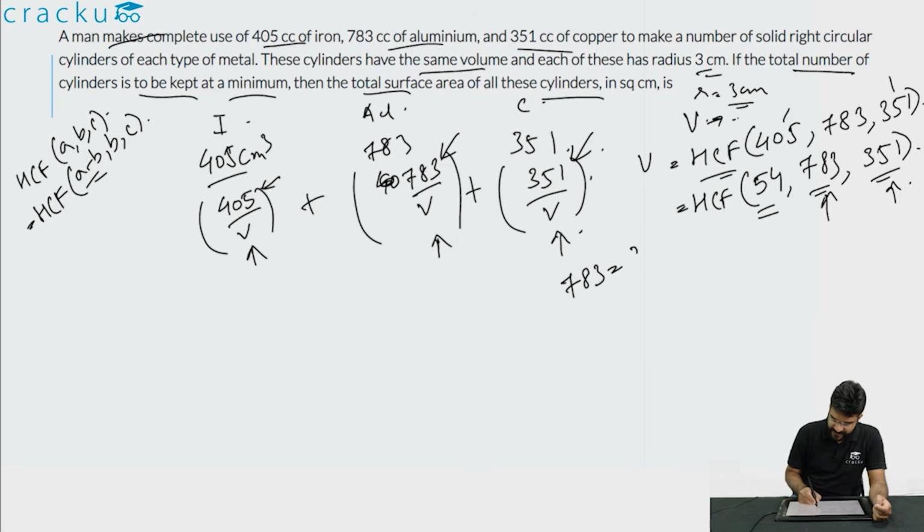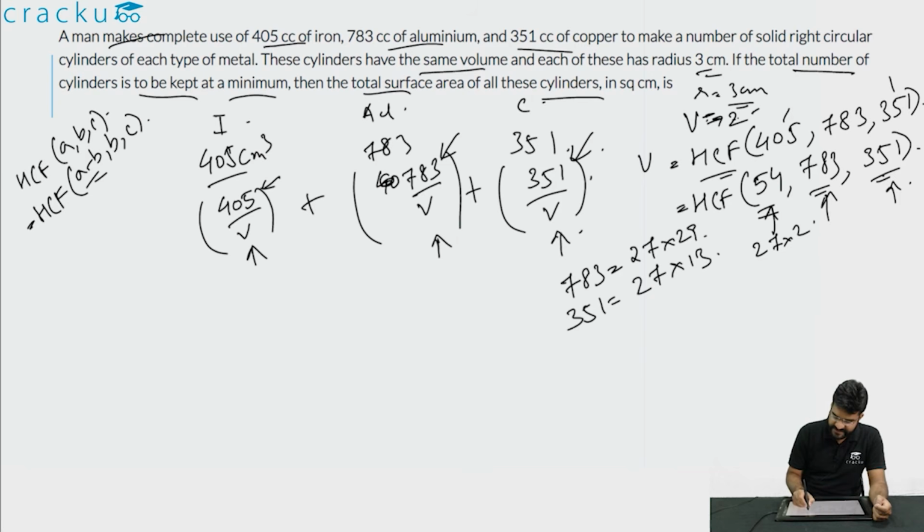So 783 can be represented as 27 into 29. Similarly, 351 can be represented as 27 into 13. So clearly 27 divides the other two numbers, and we know that 54 is equal to 27 into 2. So the HCF of these three numbers is equal to 27.